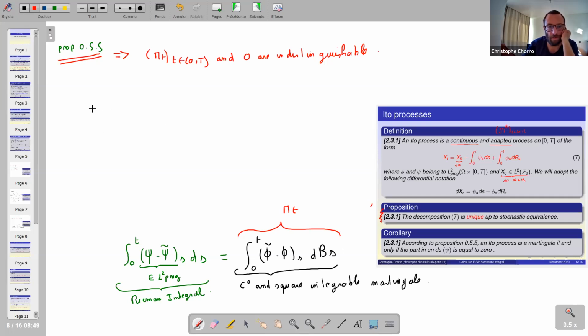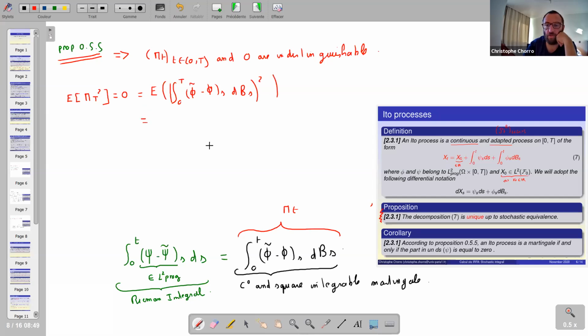So in particular, I have the expectation of M capital T square that is equal to 0. And what is this one? It's the expectation of the integral between 0 and capital T of phi tilde minus phi of s dBs, squared.